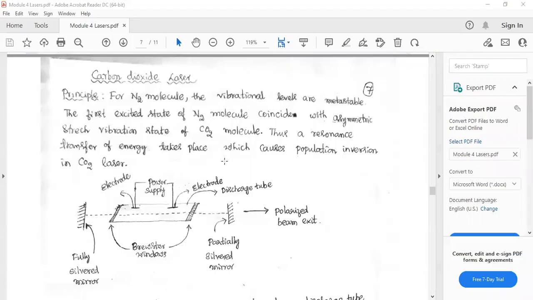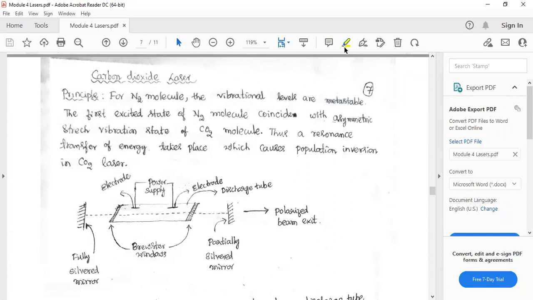In the previous class, we were discussing the carbon dioxide laser. The carbon dioxide laser works on the principle that the N2 molecule, which is mixed with carbon dioxide, provides a metastable state.